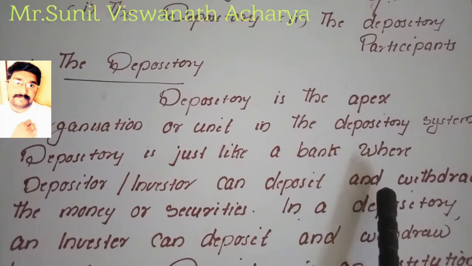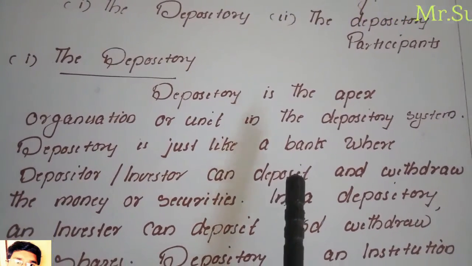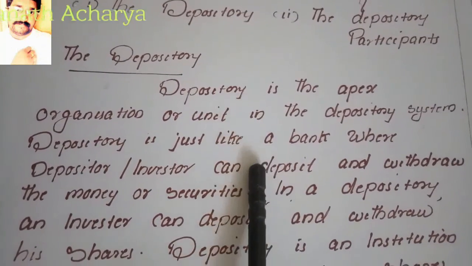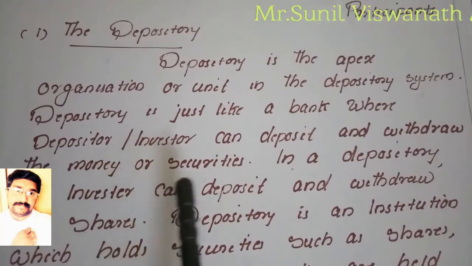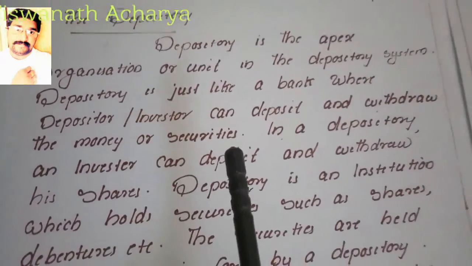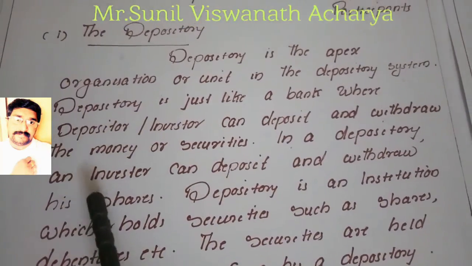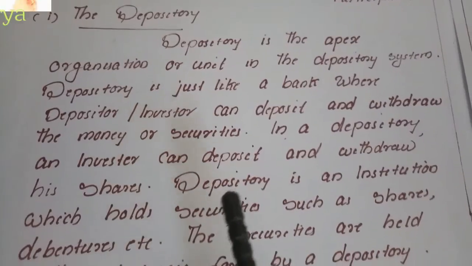You know that in a bank, investors can deposit their money as well as withdraw their money. Same as in a depository, an investor can deposit and withdraw his shares.